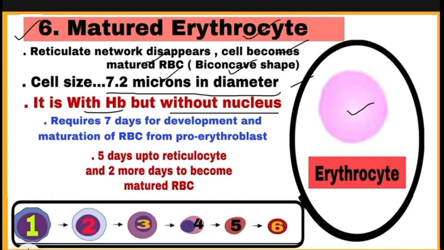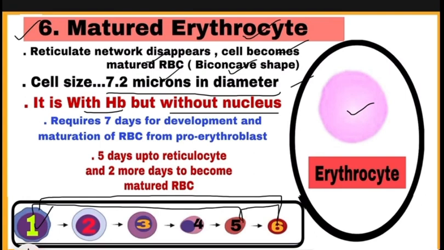It requires 7 days for development and maturation of red blood cells from proerythroblast. From proerythroblast to reticulocyte, it takes 5 days, and from reticulocyte to red blood cell, it takes 2 more days. Clear?